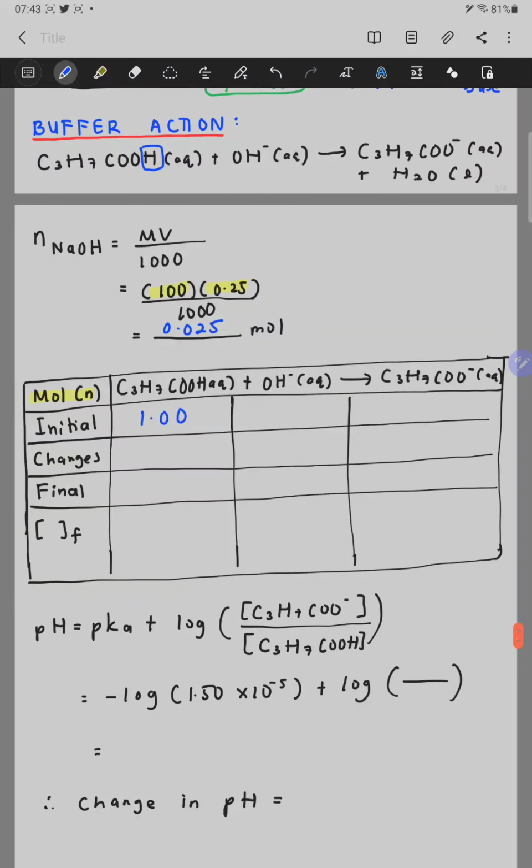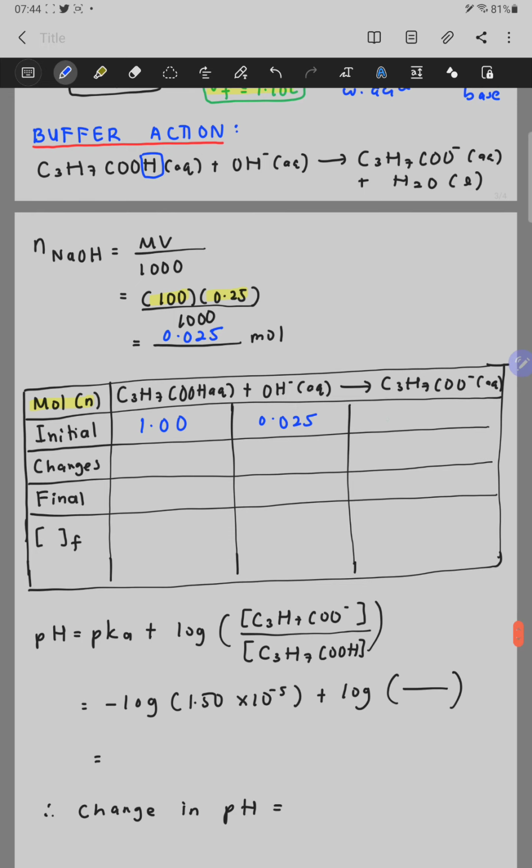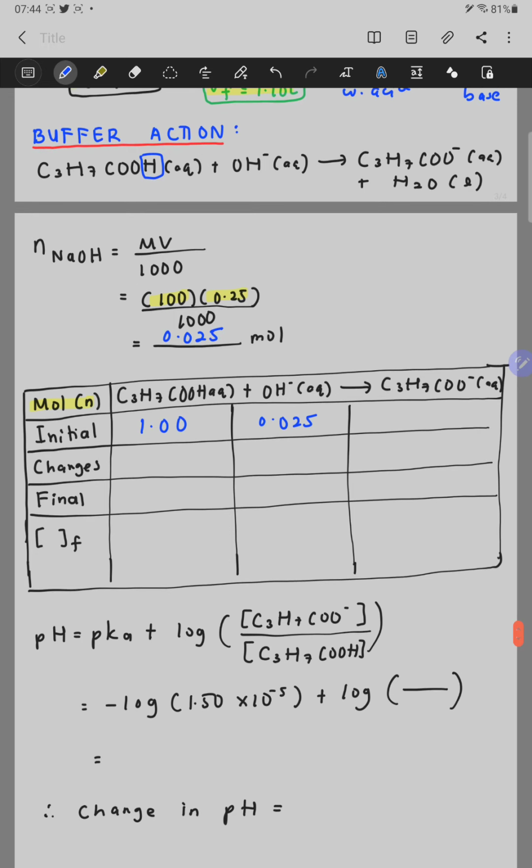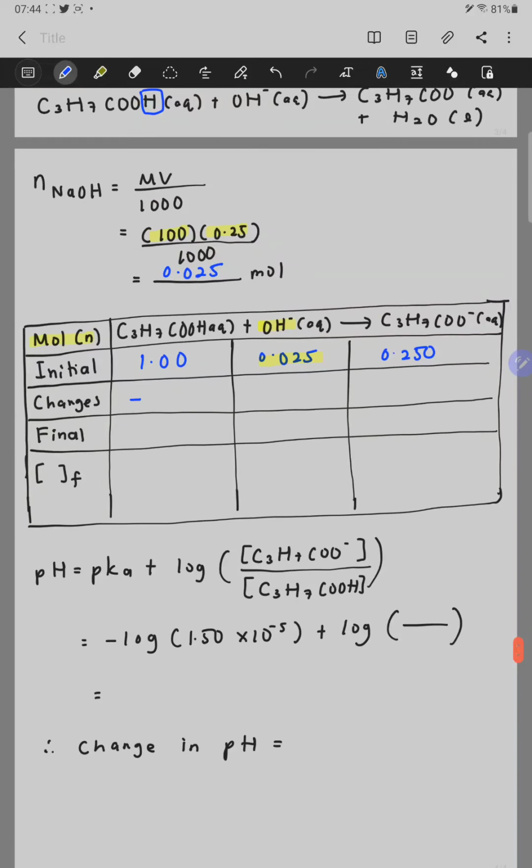So number of mole of OH minus adalah 0.025, and number of mole of conjugate base inside the buffer solution awal-awal tadi before kita add adalah 0.250 mole. Okay, so kita akan minus, depends on berapa number of mole of OH minus. Sebab kita nak neutralize all the OH minus ion. So minus 0.025.